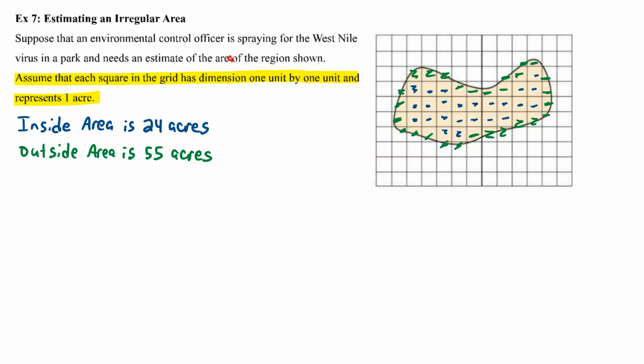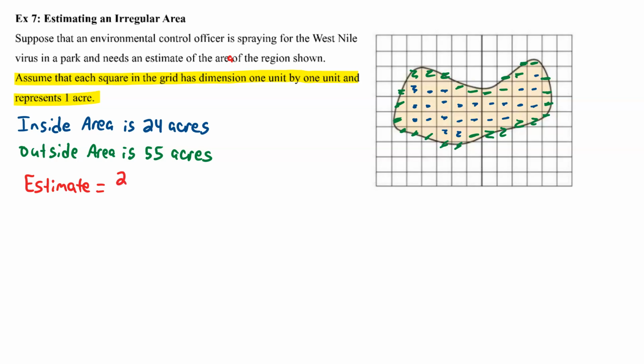So if we want to figure out the area that needs to be sprayed, we want to look at the total from the inside, the total from the outside, and then to get our estimate, we are going to take the average.